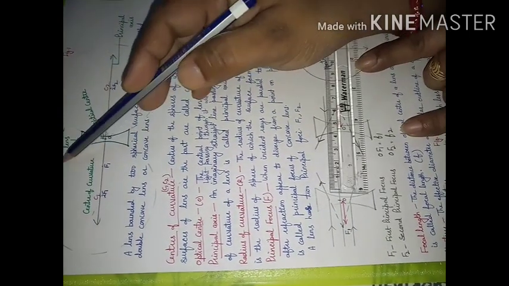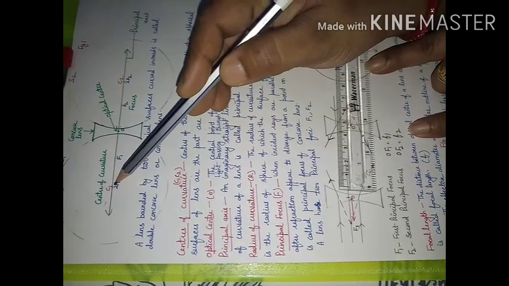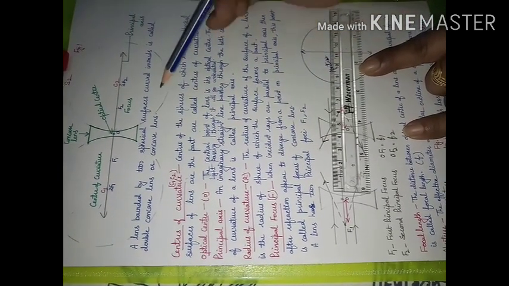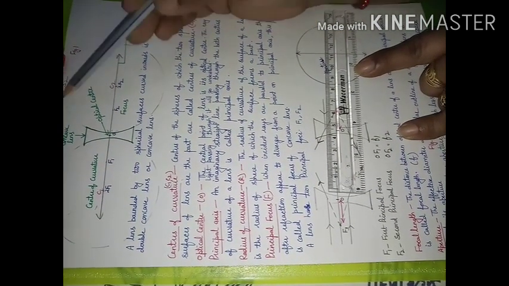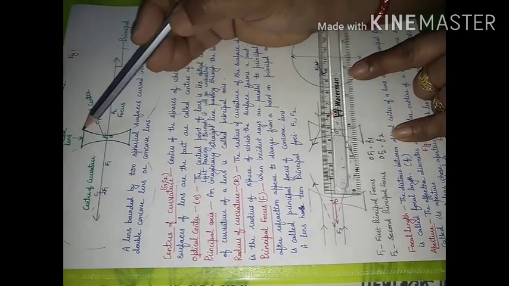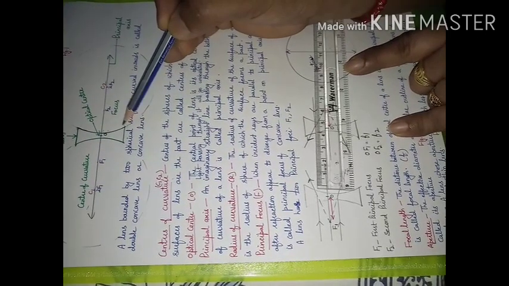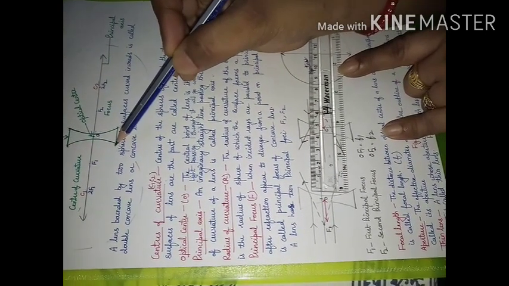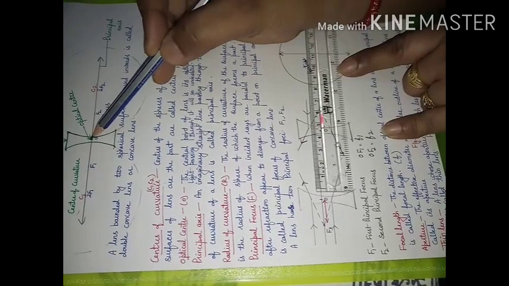Similarly, this is also one sphere with center C1 that I have shown with a dotted line here. This is sphere S1, this is sphere S2, and this part of S2 and this part of S1 are making the concave lens.